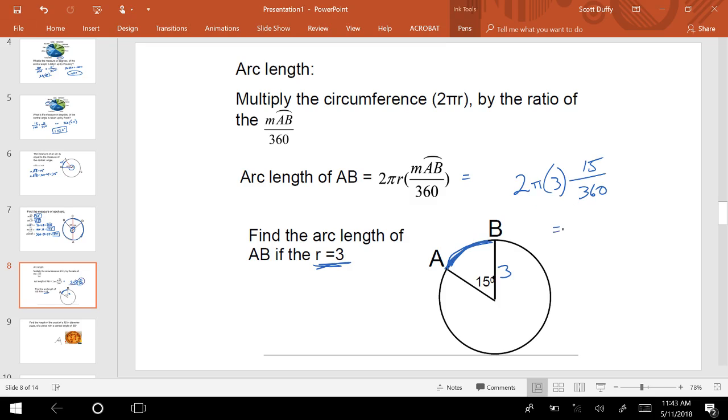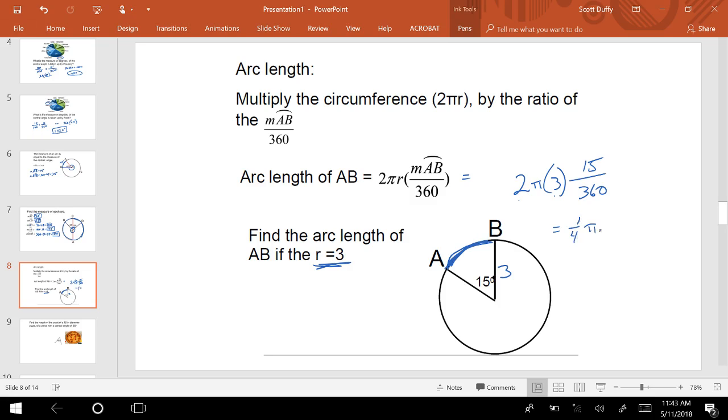What I'm going to do when I calculate this is I'm going to multiply all the numbers, and I'm not going to multiply pi on my calculator. So what I'm going to do is take 2 times 3 times 15 divided by 360. And I get 0.25, or 1/4.